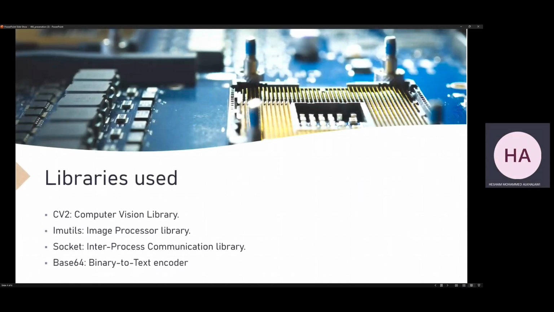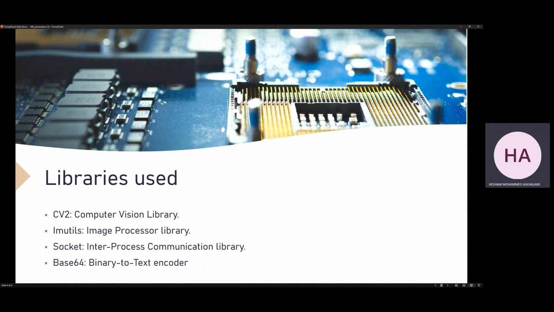For the libraries used, we have used the CV2 library, the computer vision library, which is used for opening the videos and to manipulate the videos. And then we have the imutils library, which is an image processing library. This gives us the opportunity to give a width to the frame, to change the quality of the frame.